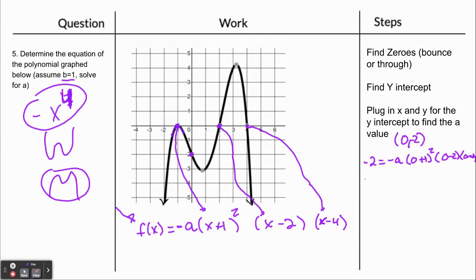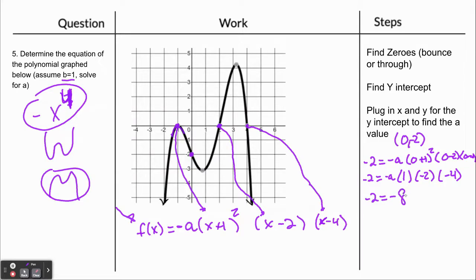To make this look a little neater, I have negative a, 0 plus 1 is 1 squared, which is just 1. 0 minus 2 is negative 2, and again, 0 minus 4 is negative 4. Now I'm going to simplify this, and I get negative 2 equals negative a times negative 1 times negative 2 is negative 2, negative 2 times negative 4 is positive 8.